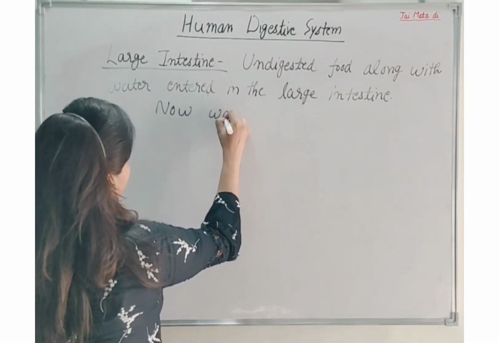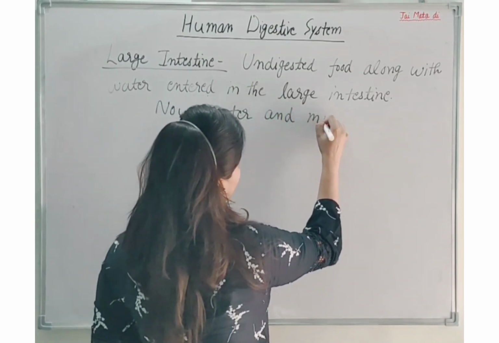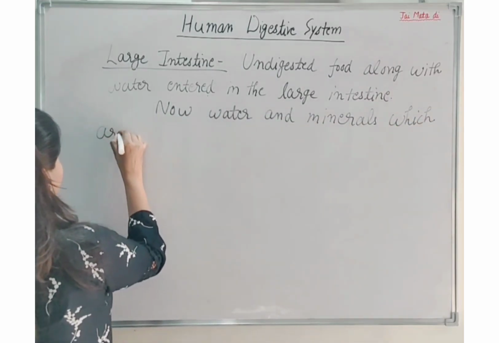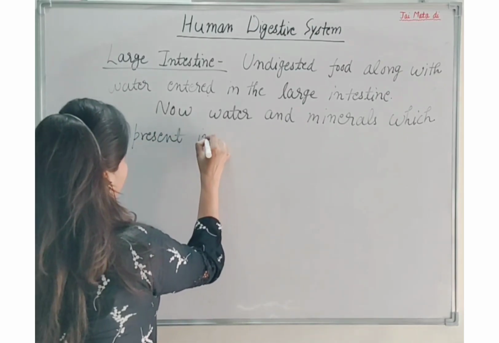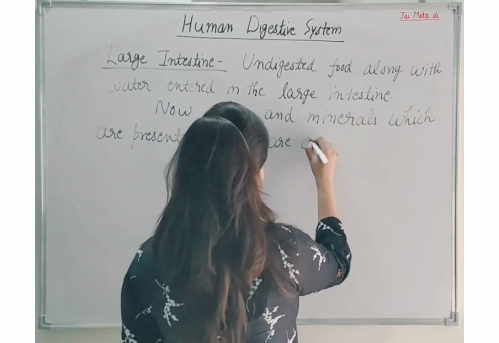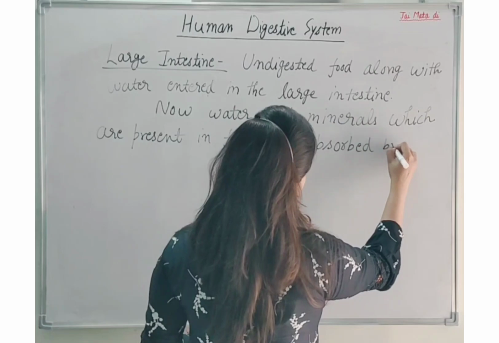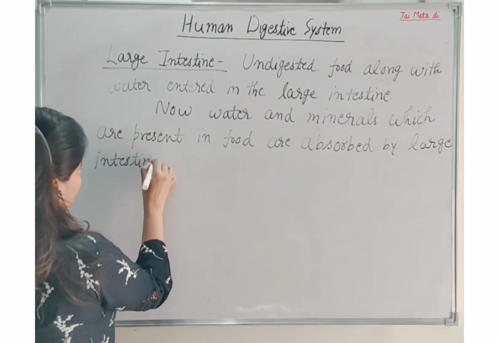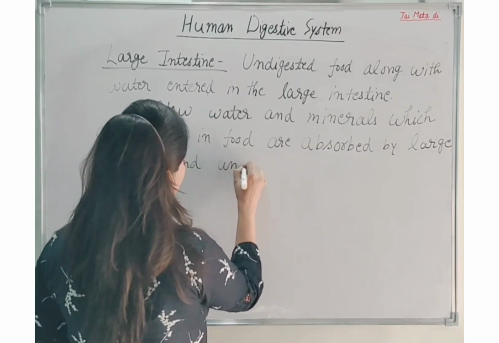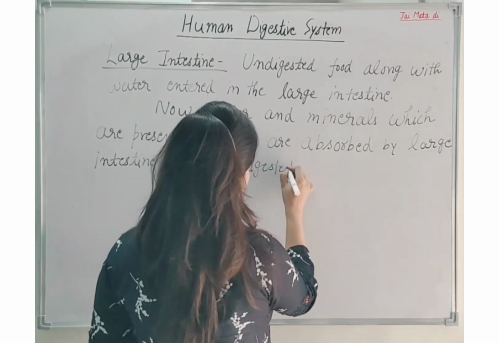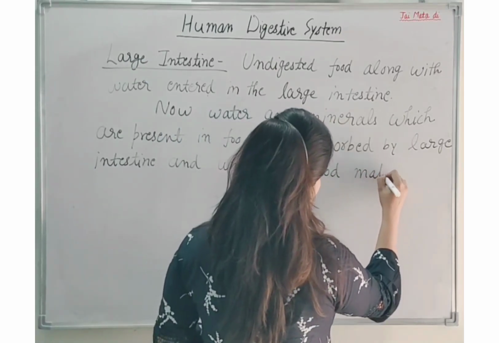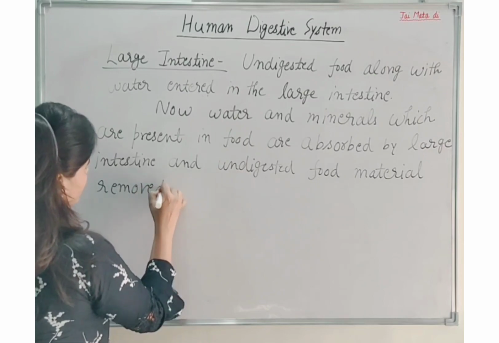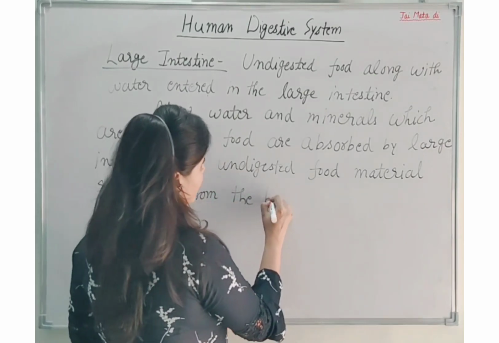Now water and minerals which are present in the food are absorbed by large intestine and undigested food material removed from the body via anus.